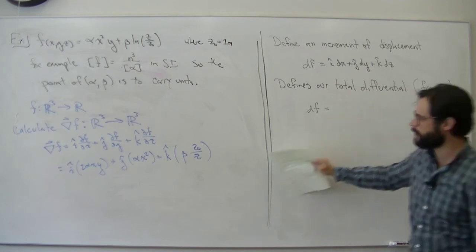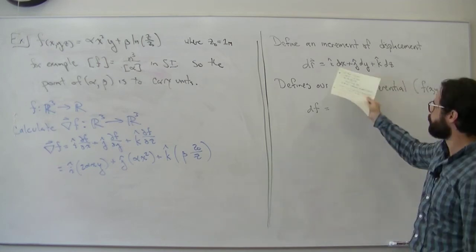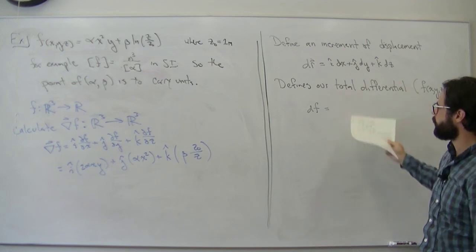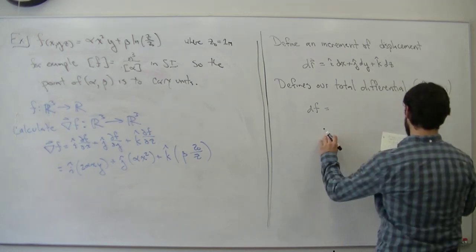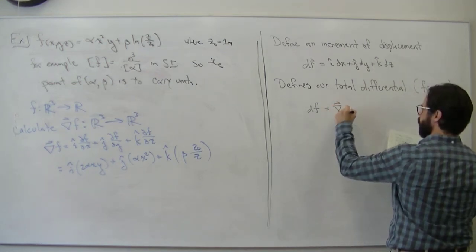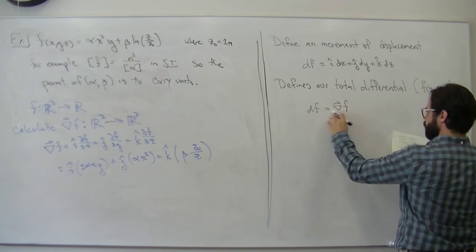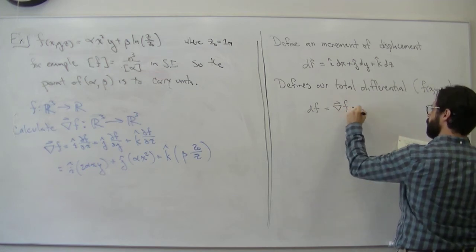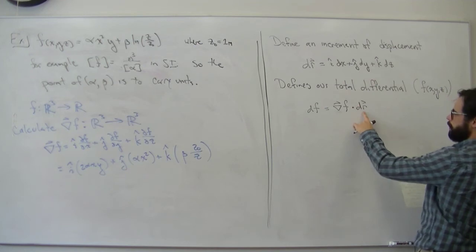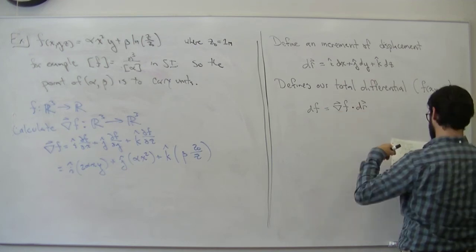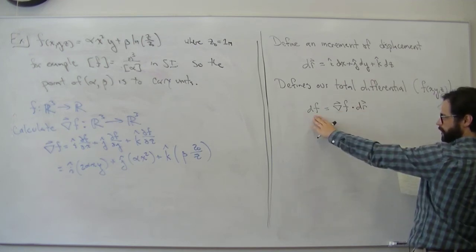But now it's ambiguous because, well, how did you move? Did you move in the x direction, y direction, z direction? So for our total differential, we need to specify some direction. And the gradient is one of the things that helps answer that question. So I move in some direction, and the gradient of f tells me what my total change df is.